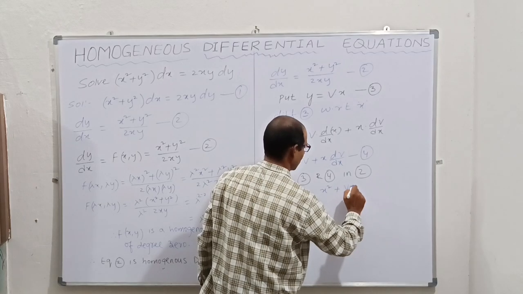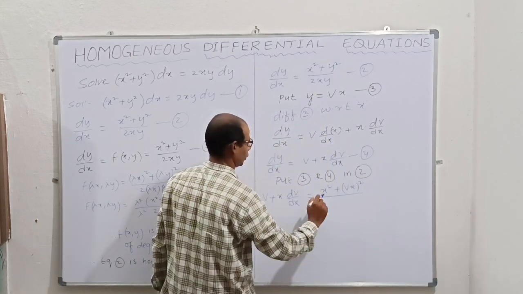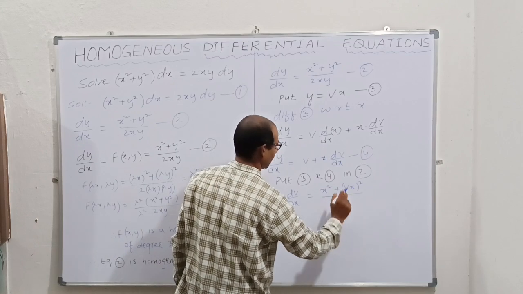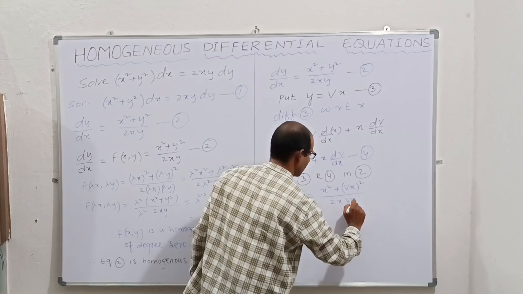So (vx) square upon 2x, instead of y, vx.